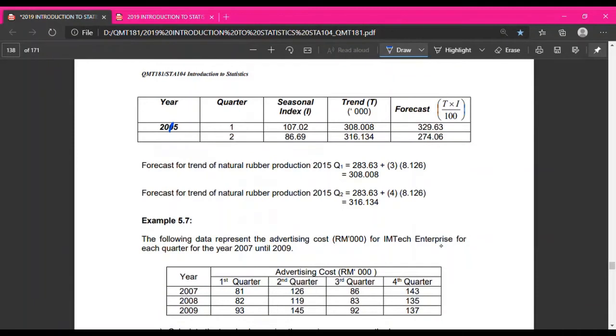This is to forecast the trend. Our intention is to forecast the variable, the production. But in order to forecast the production, we need to forecast the trend first. For the first value here, 308.008, we get it from the last trend, 283.63, plus the increment of 3, multiplied by something we need to calculate first.